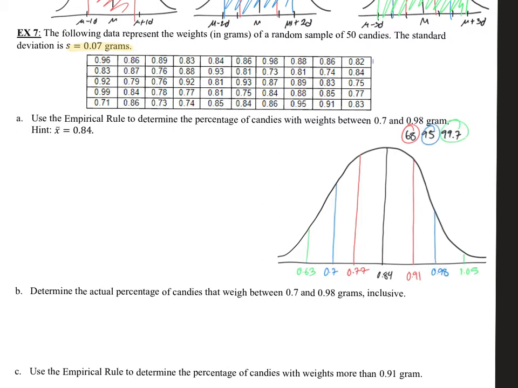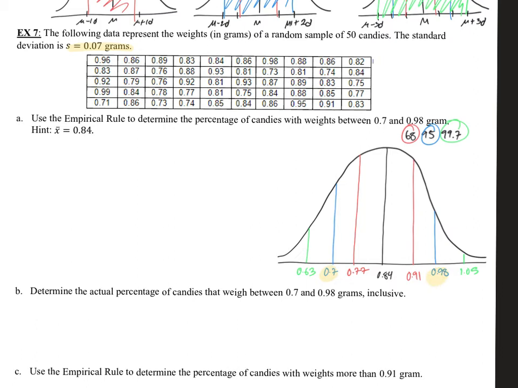Alright, so I've gone ahead and identified the 68%, so one standard deviation away, then the 95%, which is two standard deviations away, and finally the 99.7%, which is 3 standard deviations away. So we want to find the percentage of candies with weights between 0.7 and 0.98. Do I see those values on my graph? In fact, I do, right here, 0.7 and 0.98.